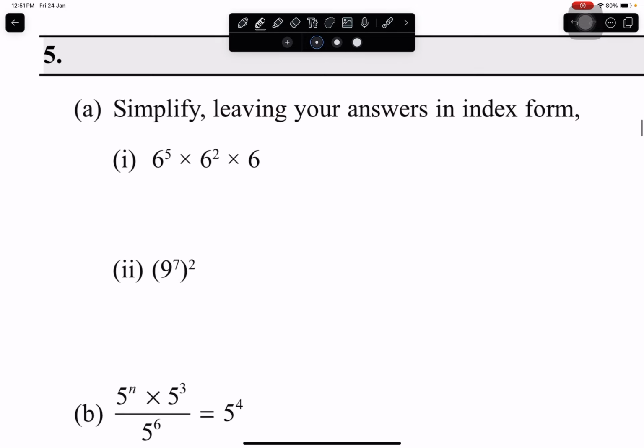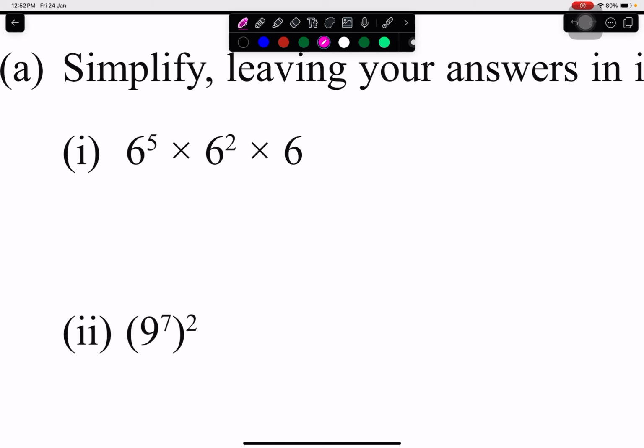Move on. Now this one, you see that it's 6 to the power of 5 times 6 to the power of 2 times 6. Now this 6, don't think that there's no exponent on the top and you just leave it like nothing. Remember, 6 exists by itself, it shall be to the power of 1. That's a hidden one, which they didn't show.